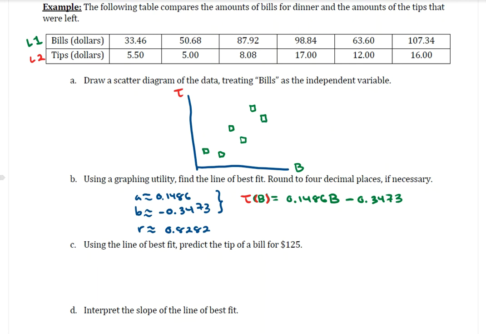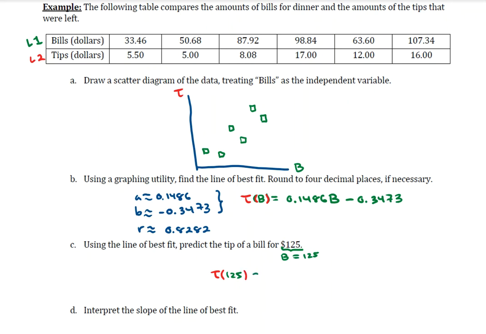So $125 is not in the table, but based on our graphing calculator, we can use the line of best fit, which is written in function format, by the way, in part B, to help us predict this. So it's important to note that the 125 is a particular value of B, so $125 dinner bill. And what we're going to do to calculate the tip is essentially just plug this into the equation, substituting 125 in for B.